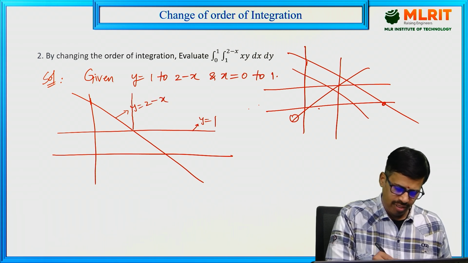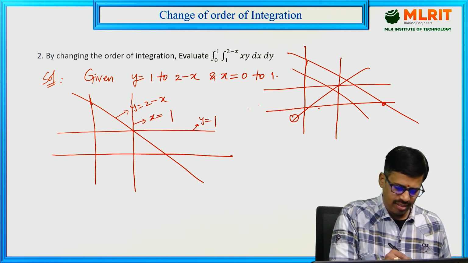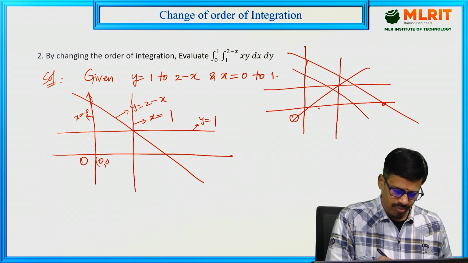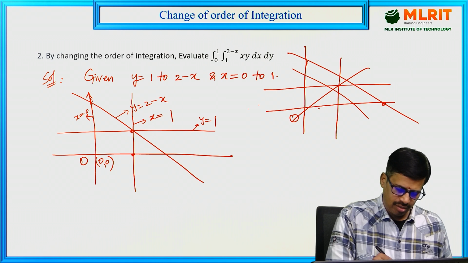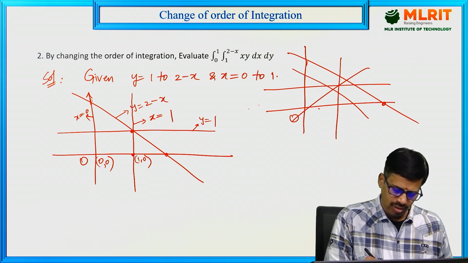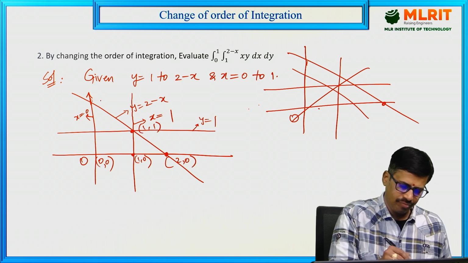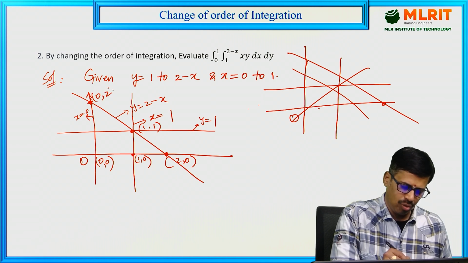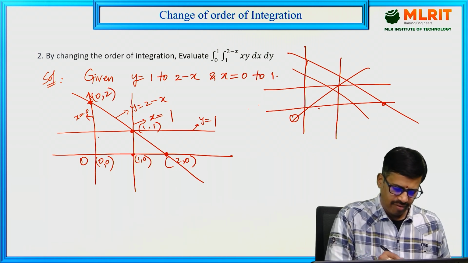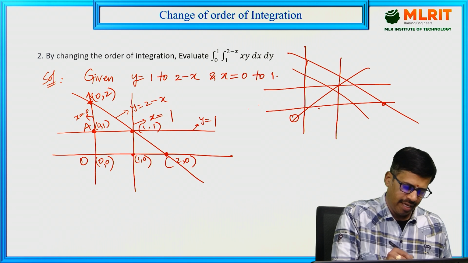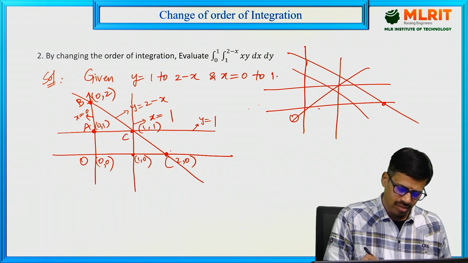This line represents x equal to 1 and this is the y axis, x equal to 0. So this is origin 0 comma 0, this point is 1 comma 0, this point 2 comma 0, this point is 1 comma 1, this point is 0 comma 2, right? So let us label the values. This is 0 comma 1, this is A, this is B, C, D.